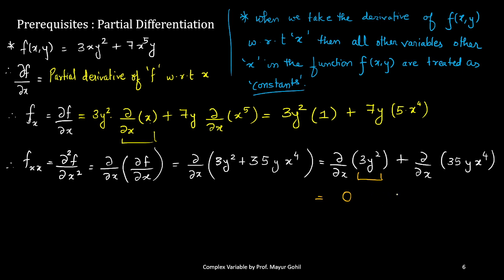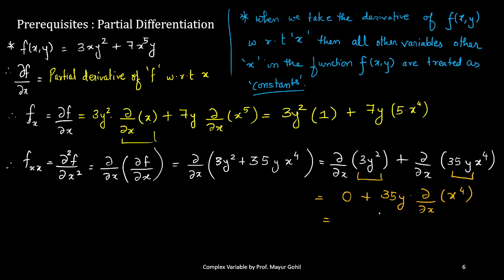Okay, now see here what we see is that 35y is treated as constant, but 35y is multiplied with the function of x, so 35y will come outside the operator. So what we will have is 35y times ∂/∂x of x raised to 4.